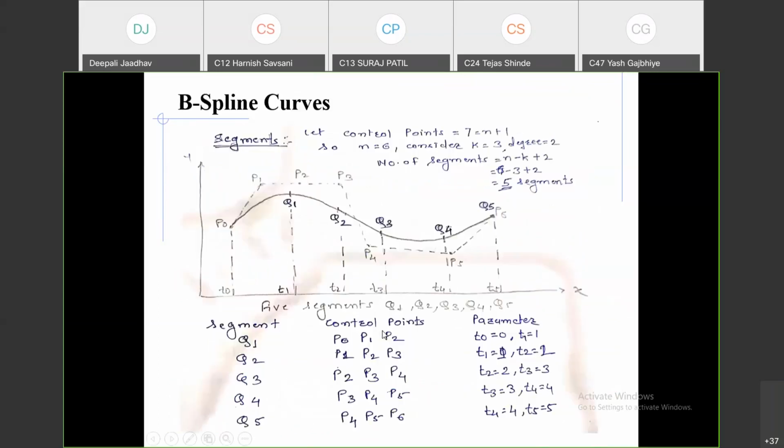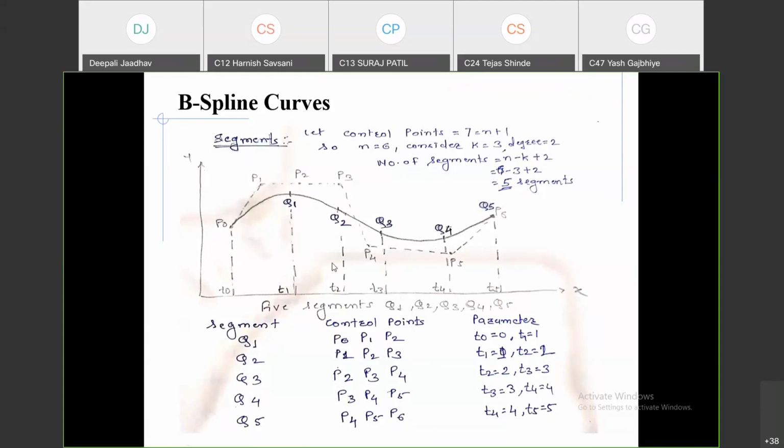Now see what is meant by a segment, which we are going to see in detail. In a B-spline curve, what is meant by a segment and how is it defined?